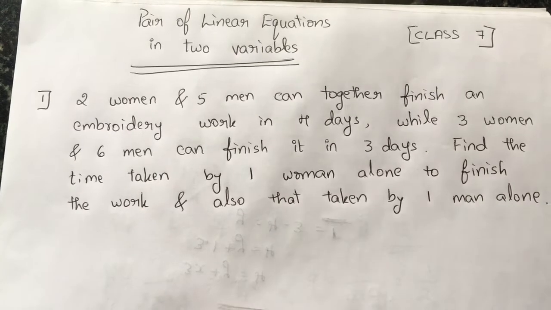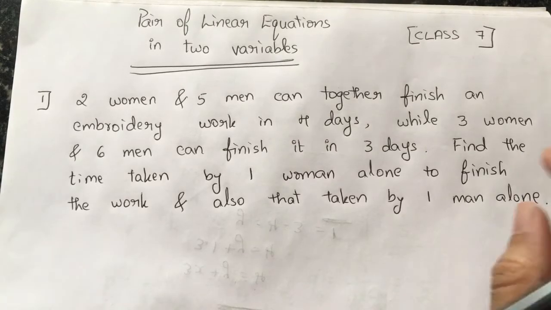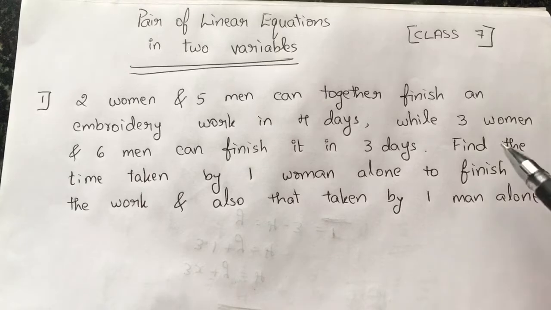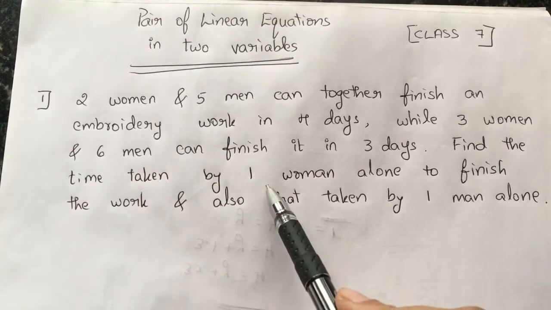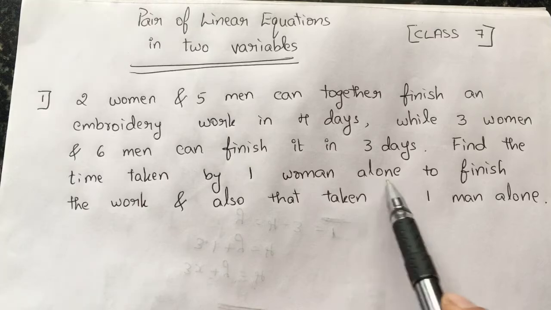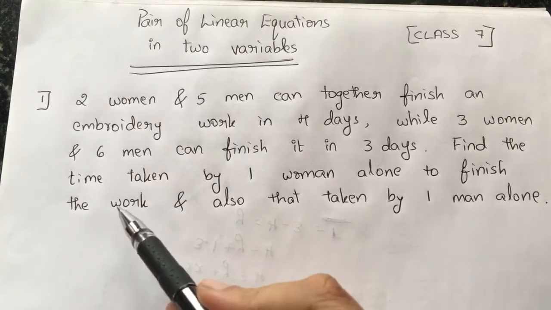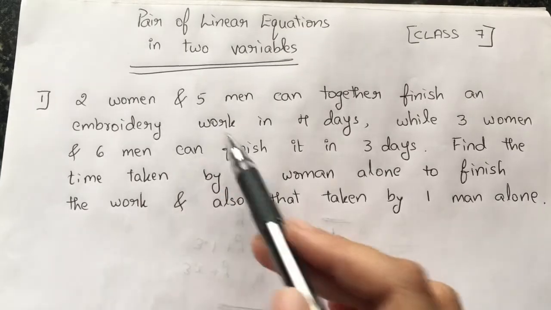Okay, so when such word problems are given, first thing is you should look at the last sentence. What is asked? Here they are asking for the time taken by one woman alone to finish the embroidery work and also that of man. So they are asking for the time in terms of days, right?